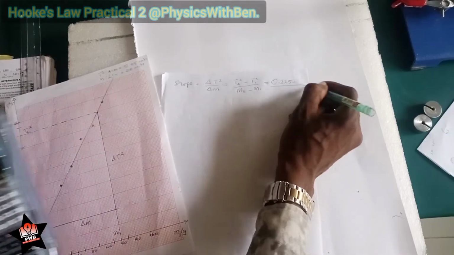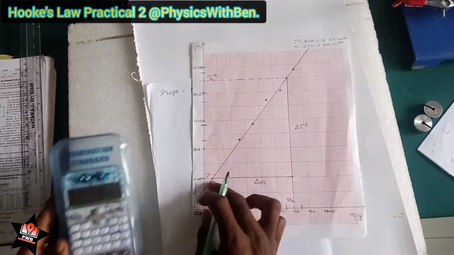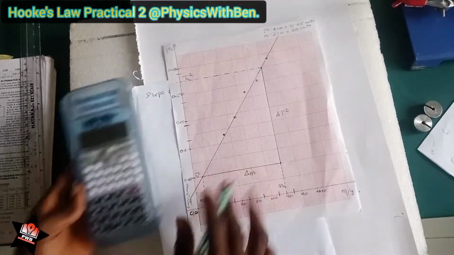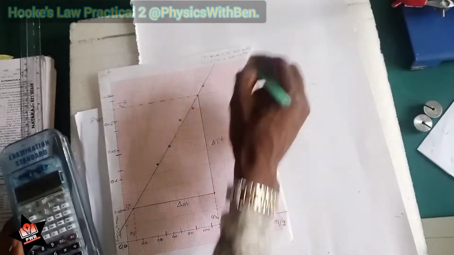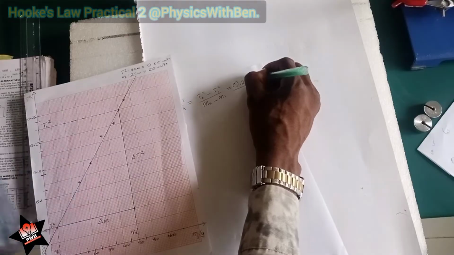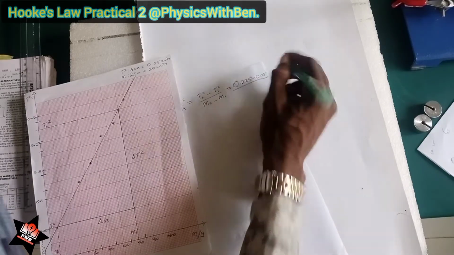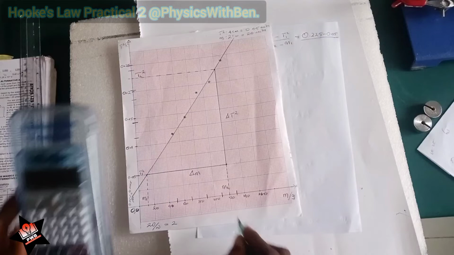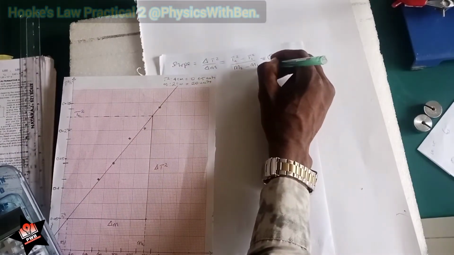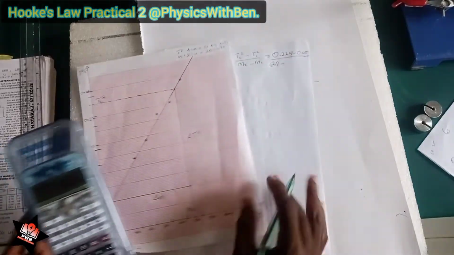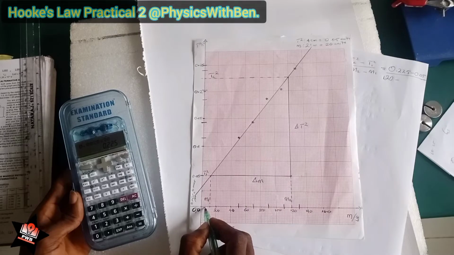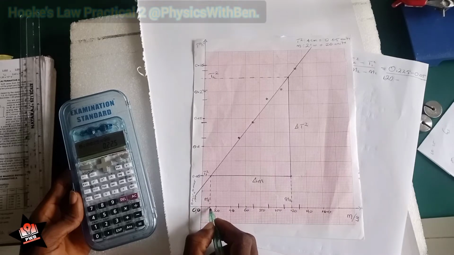Minus our t squared 1, which is directly on 0.05. Directly on 0.05. So write minus 0.05, divided by our m2, which is on 120, minus our m1. This is 2, 4, 6, 8, 10, 12.